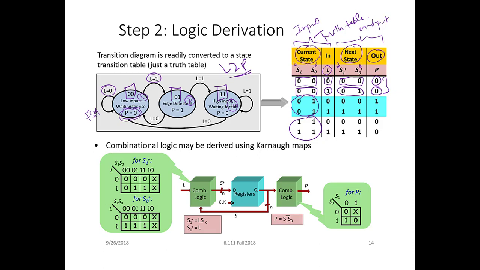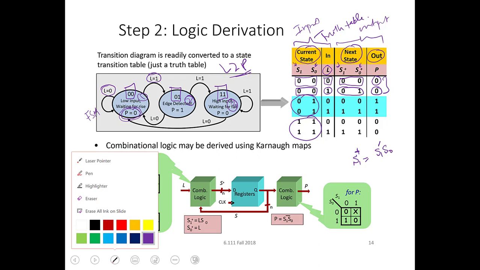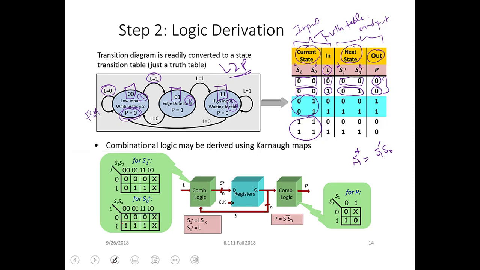For example, if I ask you what is the equation of S1 plus, what is the circuit for S1 plus, you can easily see that it is 1 when S1 is 0 and S0 is 1. I am talking about this line.